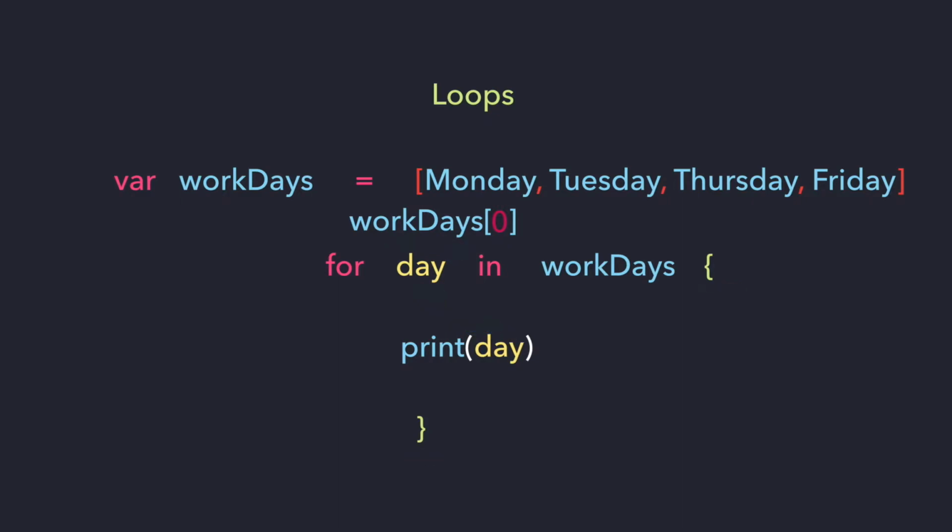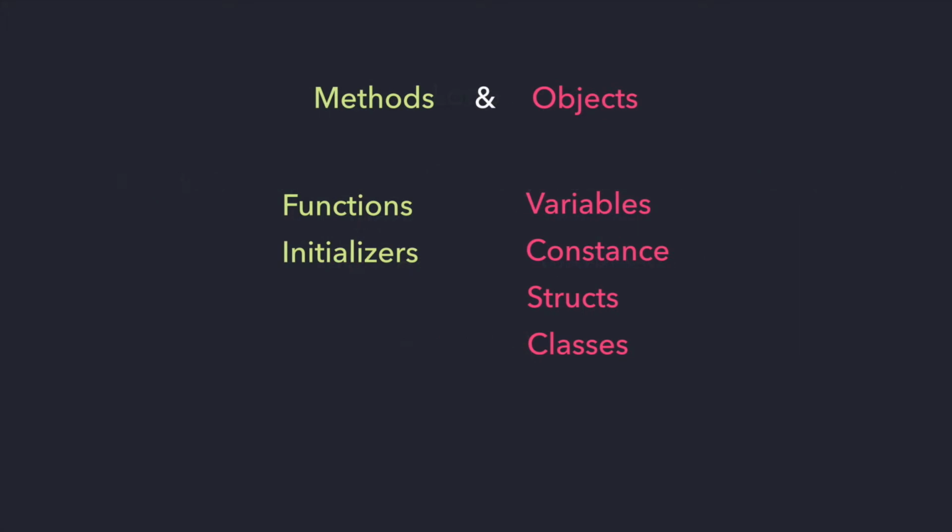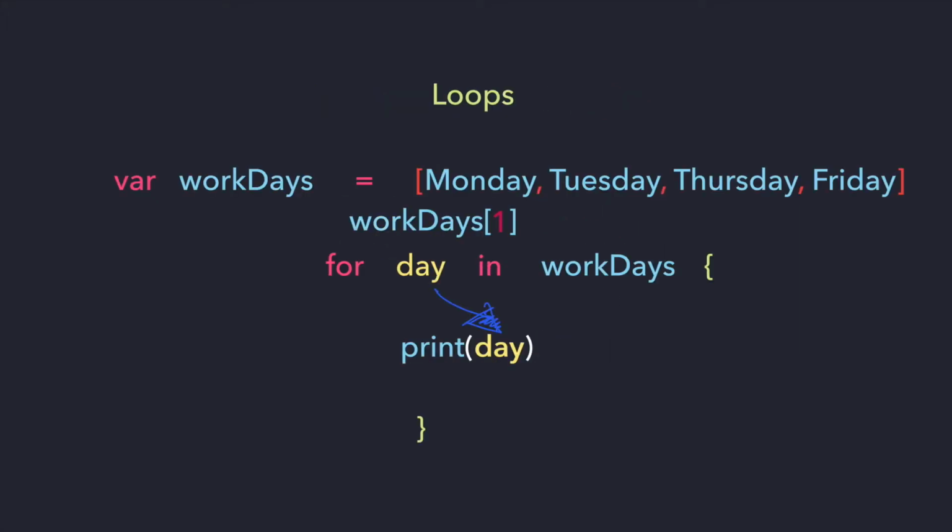And then it'll go around again and it'll do the next element in the array. It'll assign it to day, and then once again print it out, and so on and so forth. So that's how for loops work.